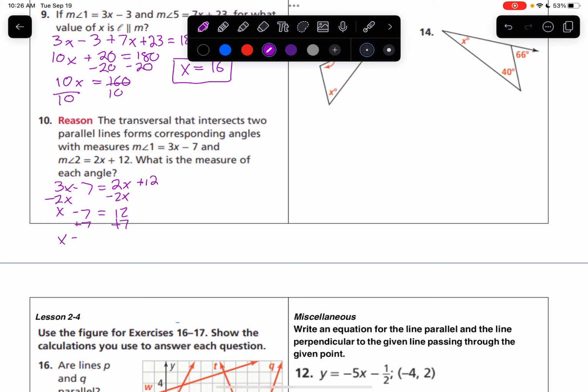So we get x equals 19, and then we have to plug that back in. So we've got 3 times 19 minus 7, which is equal to 57 minus 7, which is 50. So each of those angles, since they are congruent, will be 50.